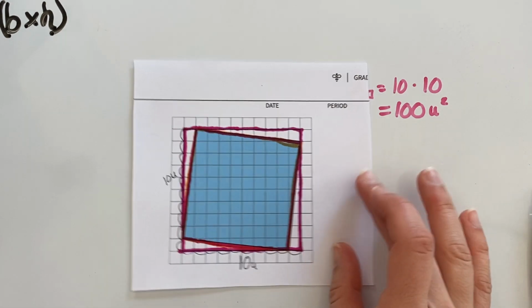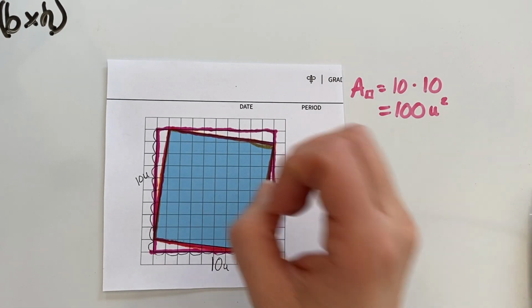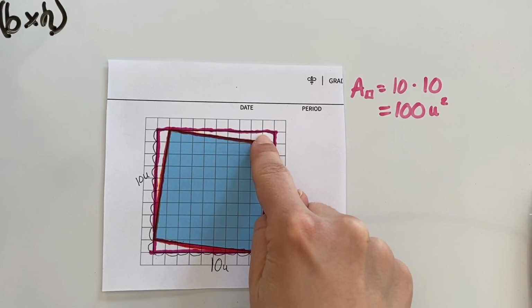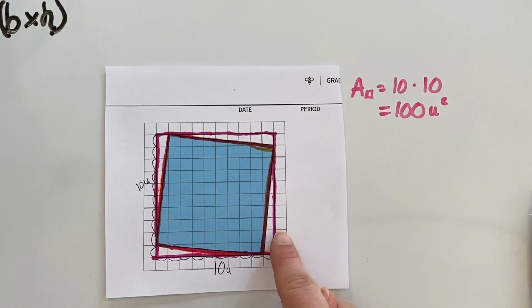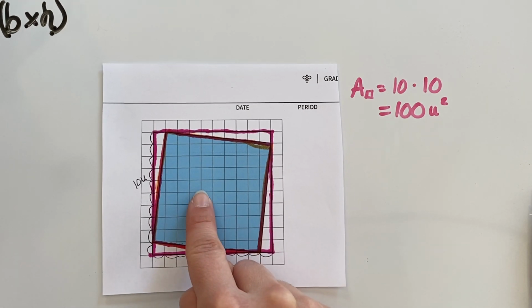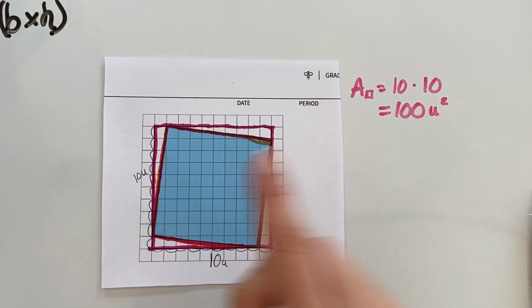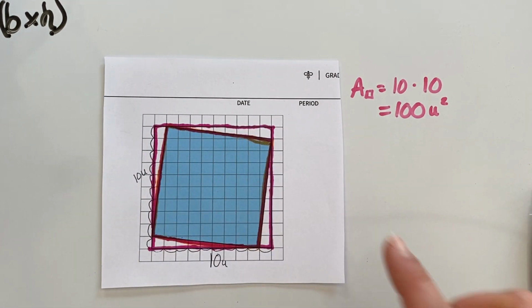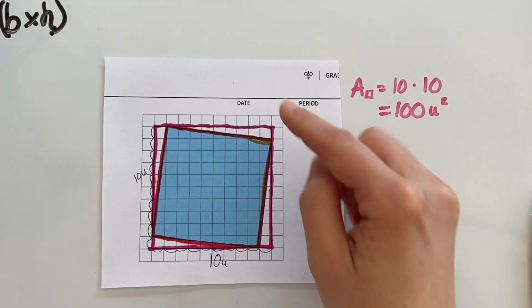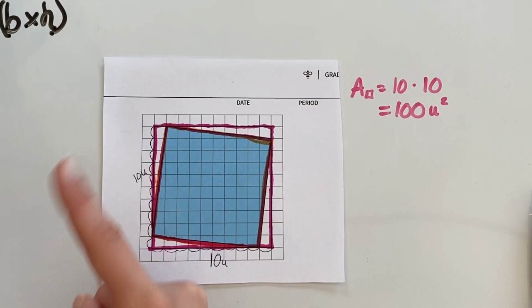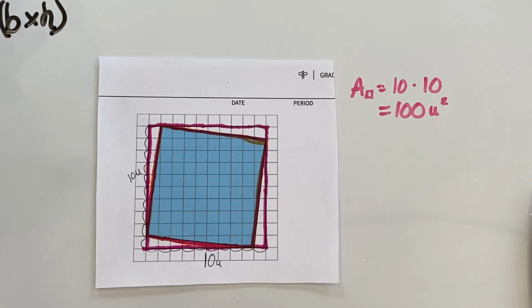So what we can do is actually remove those pink triangles and it will just leave us with this remaining blue square. So since the area of my whole is 100, we're going to subtract my non-shaded triangles, and then we will get the area that's left.